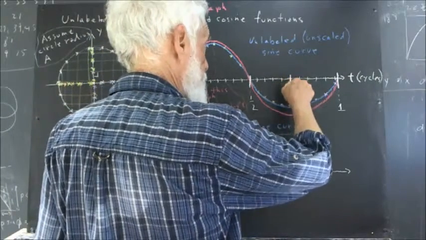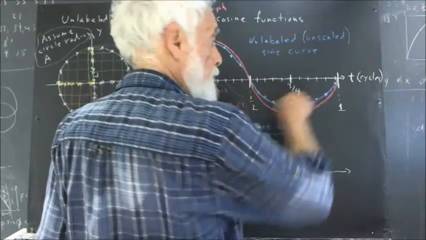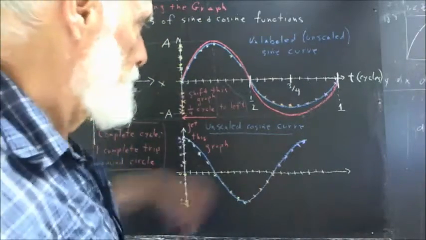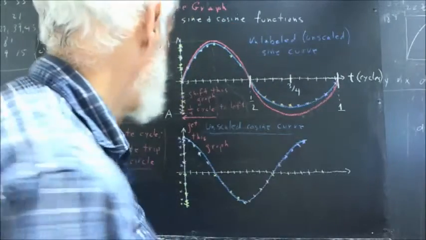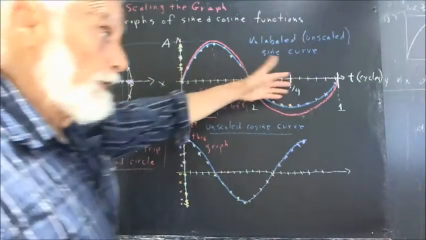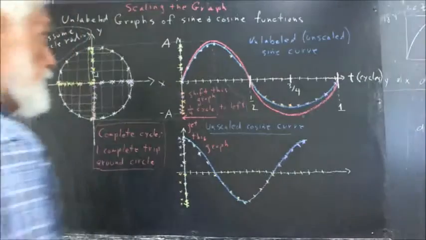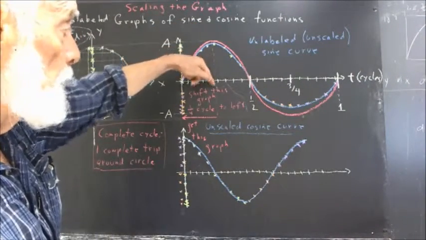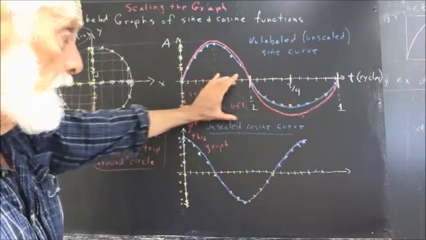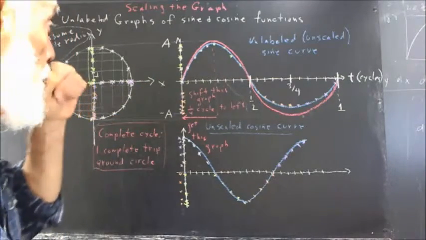This would be 3/4 of a cycle. Now, my labeling isn't necessarily going to match up correctly with all the marks on the axis, because remember, everything's done by hand here and by estimation. We could also label this point as 1/4, but since I've already got a note here, I'm not going to do that.